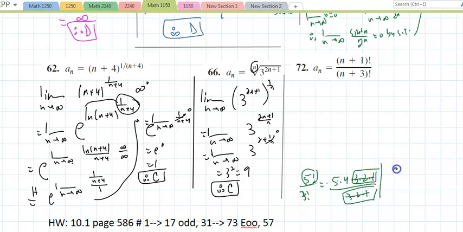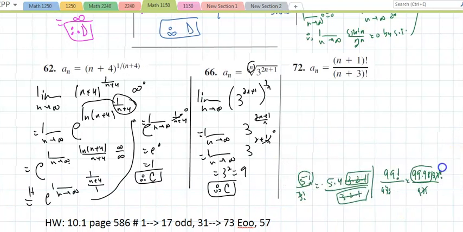Meaning, if I had 99 factorial divided by 97 factorial, no need for me to write all 99 terms. I could start with 99, the bigger, 98, and stop there, because this is all multiplication. And those will cancel out, and I'm left with 99 times 98. That's a trick you should really get down.